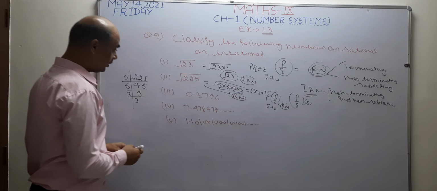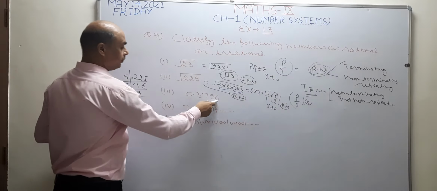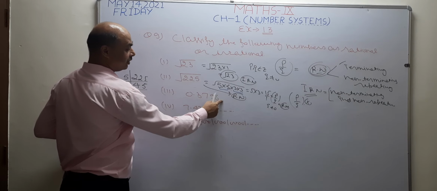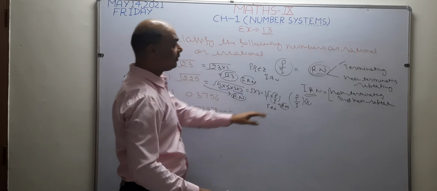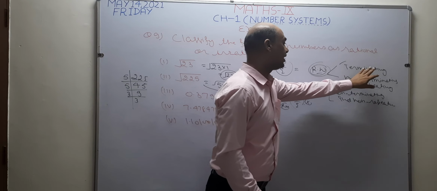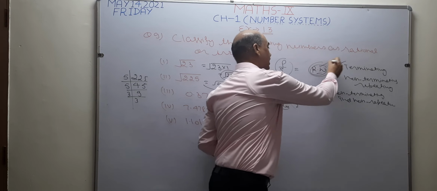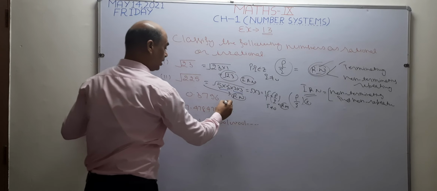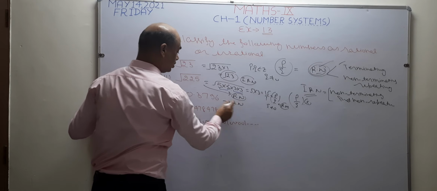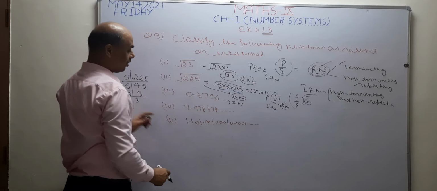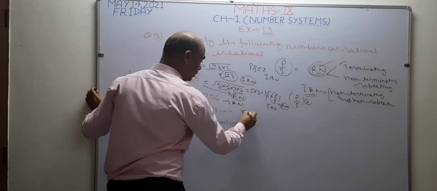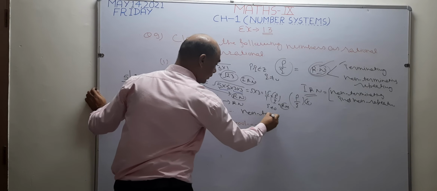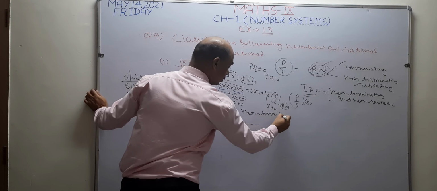Now see, the decimal representation of this. Since the decimal ends, this decimal is known as a terminating decimal. And you know that every terminating decimal number is known as a rational number. So this becomes a rational number because this is a terminating decimal. Now I want to check this. Since it does not end, this becomes non-terminating.